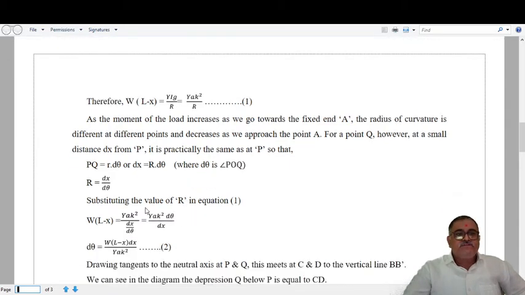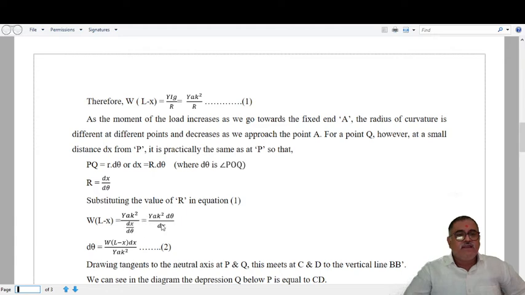Now we will substitute the value of r. This value of r we will substitute in this equation, and we will get w(L minus x) as it is, EI as it is, and we have to substitute this r by dx by d theta.